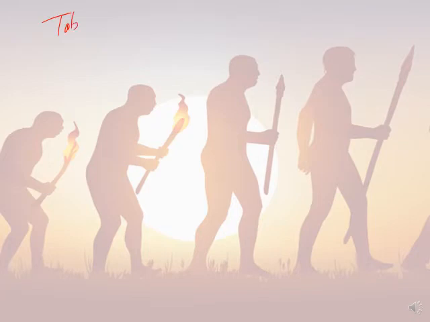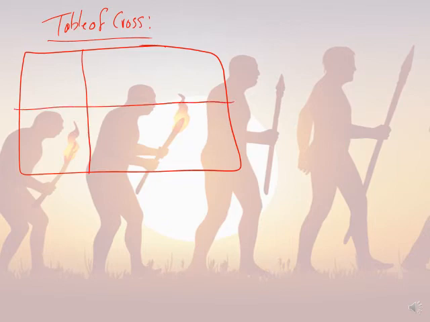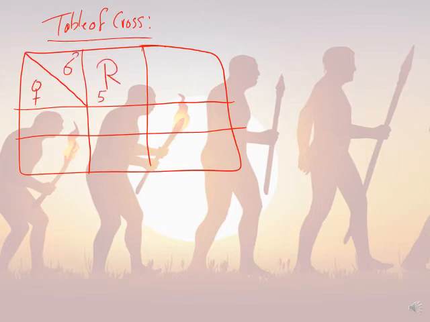Okay, so now let's do the table of cross, and finally we'll move to the table of result. For the table of cross, we have to draw it divided into male and female. So first male, female, R 50%, W capital 50%, R also 50%, and W capital 50%.